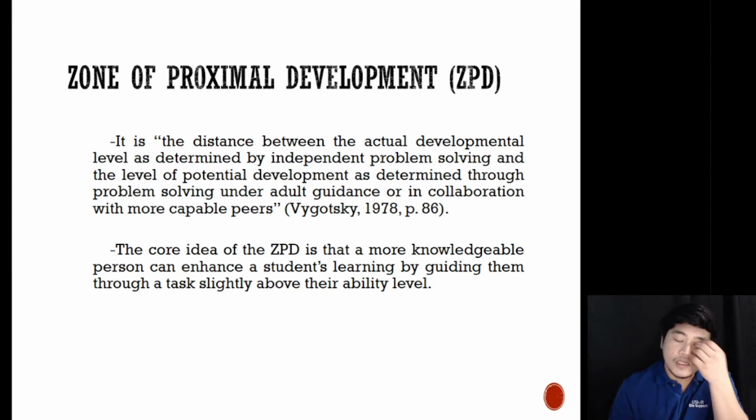So in the ZPD, these are the tasks wherein the learner or the student can perform successfully only with the guidance of a more knowledgeable person or with the guidance of someone who is knowledgeable.